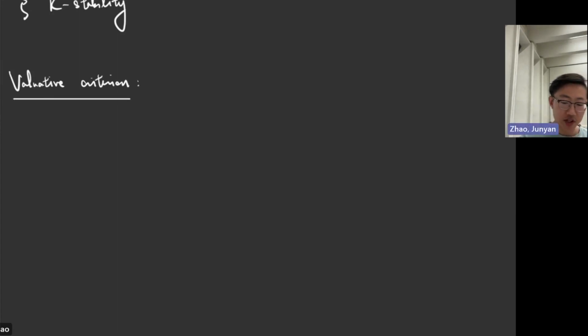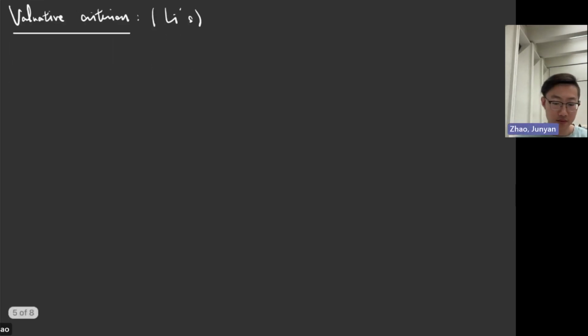So this is the evaluative criterion, which gives you an equivalent definition of the K-stability introduced by Li.